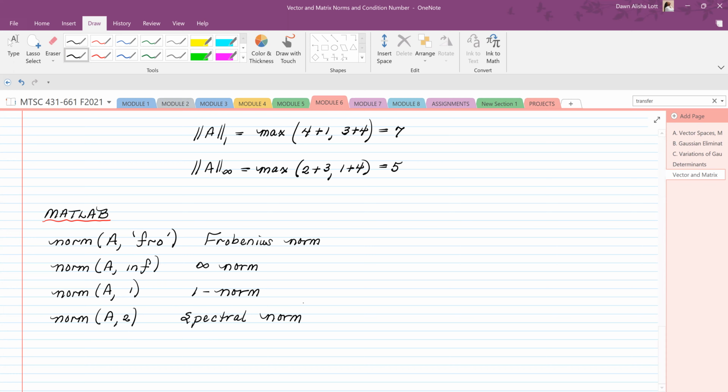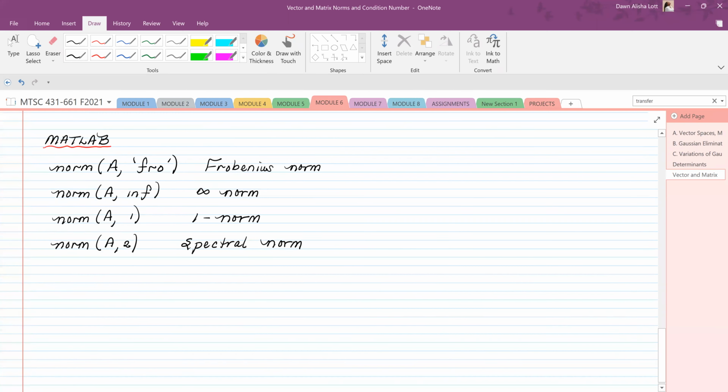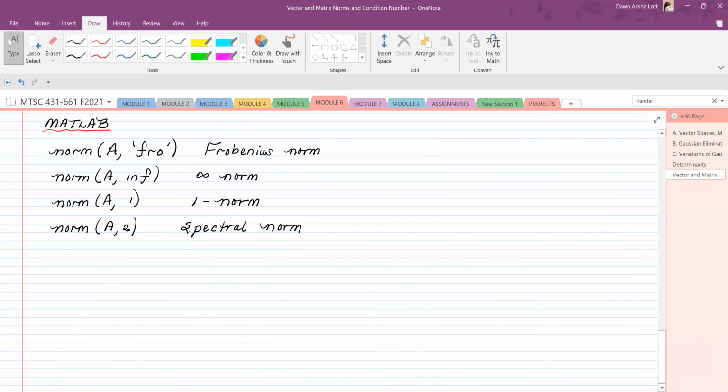All right, so let's talk about the condition number of a matrix. One of the things that I ran into some issues with my graduate student is the matrix that he was trying to invert was nearly singular. A way to determine whether or not a matrix is nearly singular is not just to do the determinant, because the determinant will give you a very small number, but to look at the condition number.